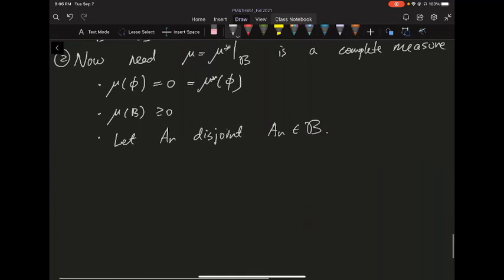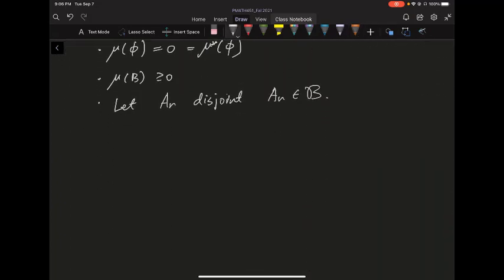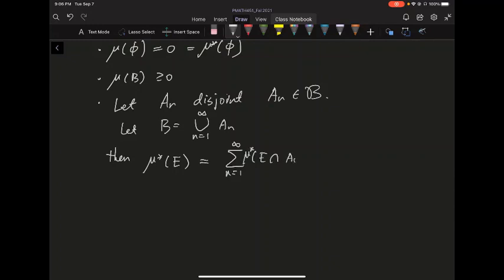So just by the previous calculation, if I let B be the union, n going from 1 to infinity, of the A_n, then what we showed is that the μ* of E, for any E, is actually equal to the summation, n going from 1 to infinity, of μ* of E intersect each one of the A_n, plus μ* of E intersect B complement. We know this is true for any set E inside X.